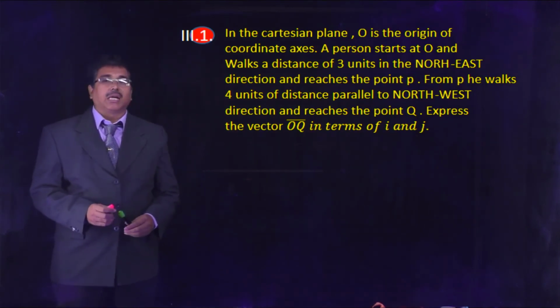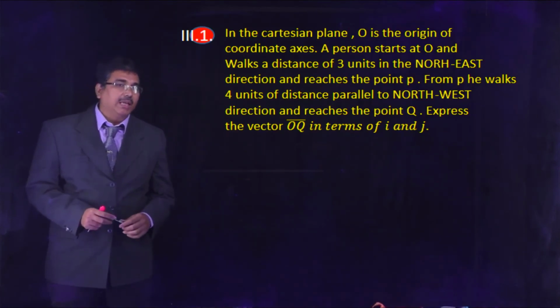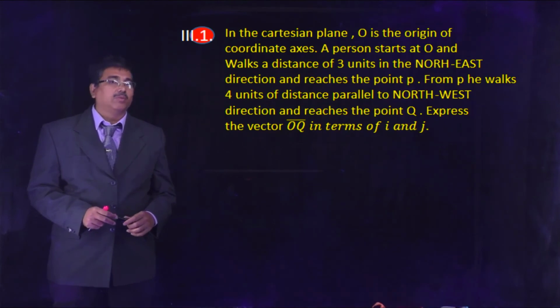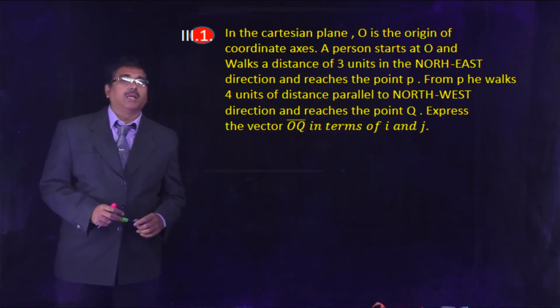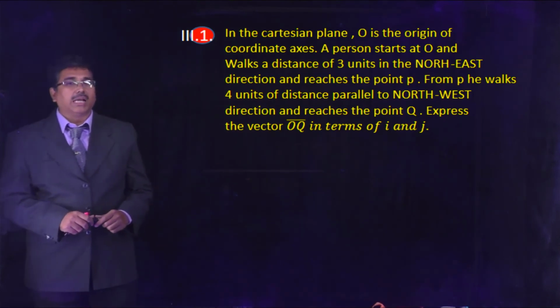This is third Roman, question number 1. See, this is a very important problem from the objective point of view. In the Cartesian plane, O is the origin of coordinate axis.